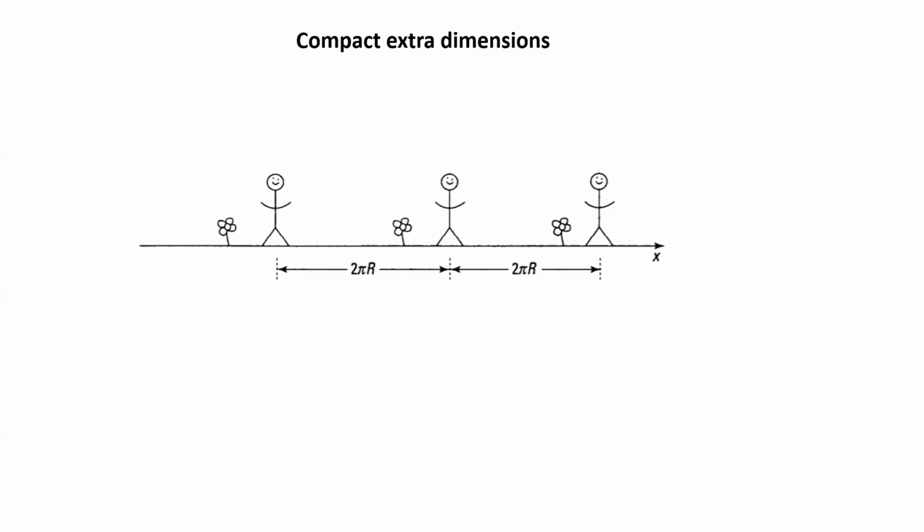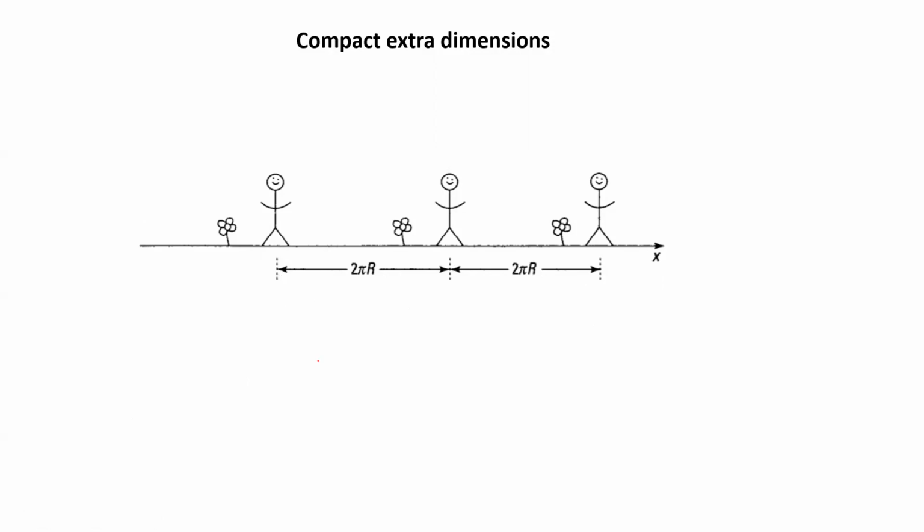So what is this compact extra dimension? If we have an infinitely long line like this, where we have an object that repeats itself after an interval, let's say 2 pi r, then this infinitely long line is topologically the same as some circle of radius r.